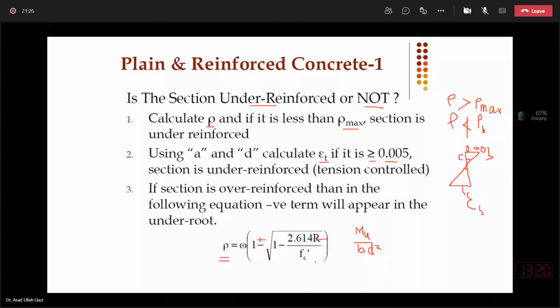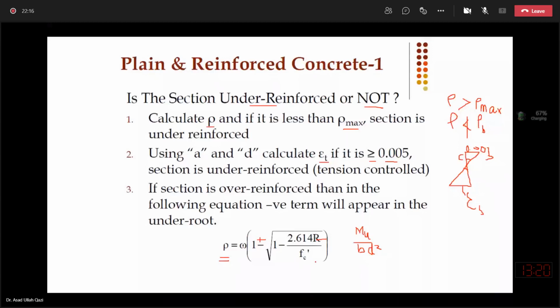So be cautious. You need to change the effective depth, change the cross section in order to get the answer from this equation without getting a negative sign under the root, because if a negative sign comes under the root, it becomes a complex number. We are not interested in getting such a number, but we are interested in getting a reinforcement ratio which is less than rho max. So this is another benefit of using this equation, that during design this will give you information on whether you are getting a cross section which is ductile, under reinforced, tension controlled.